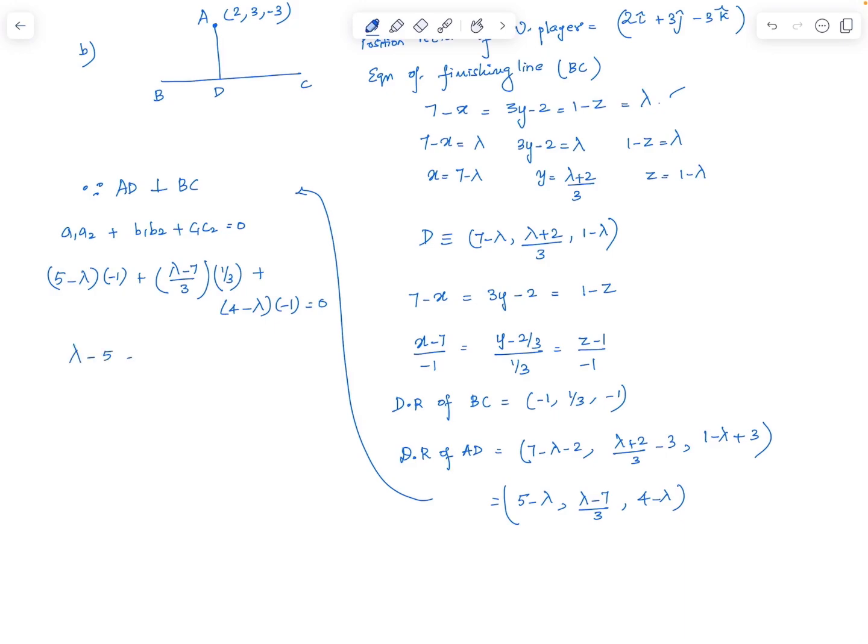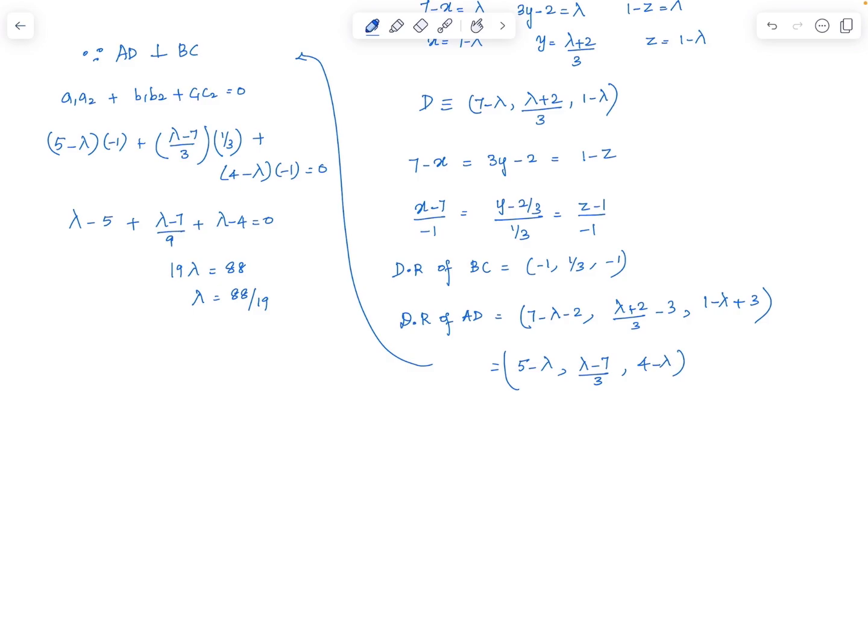That is lambda minus 5 plus (lambda minus 7) upon 9 plus lambda minus 4 is 0. On simplifying, we get 19 times lambda is equal to 88 and lambda is equal to 88 upon 19.